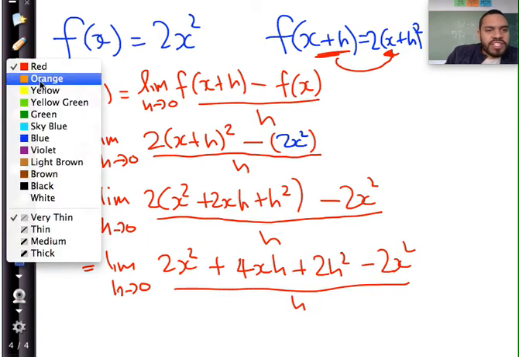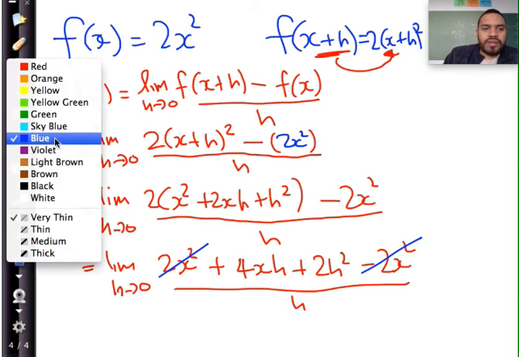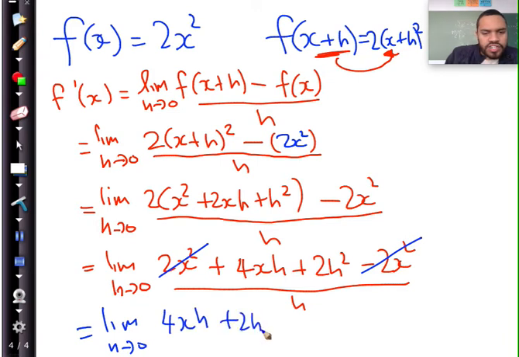Now very importantly, you can see here that I've got 2x squared minus 2x squared. That will always happen, right, for these grade 12 calculations. So let's continue further. I'm now left with the limit as h tends to naught of the following: 4xh, do you see that? Plus 2h squared, all over h.